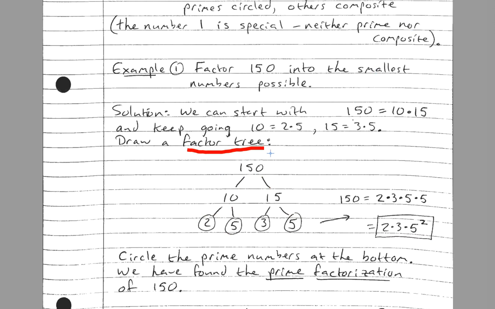This factor tree looks a little bit like an upside down tree. Any number you can break it down like this. It's just the numbers at the bottom we're interested in. So we're not including 10 here.